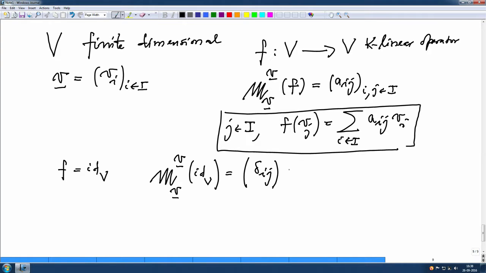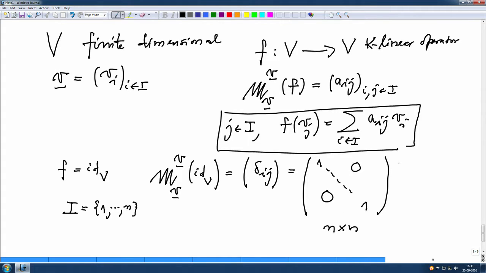When I is the standard finite set 1 to n, this is the matrix with 1, 1, 1 on the diagonal. It is an n cross n matrix, and everywhere else it is 0. Such a matrix is called the identity matrix, the n cross n identity matrix, or I cross I identity matrix.